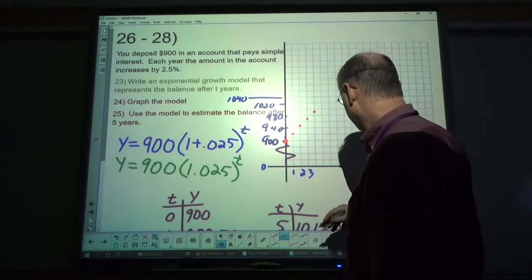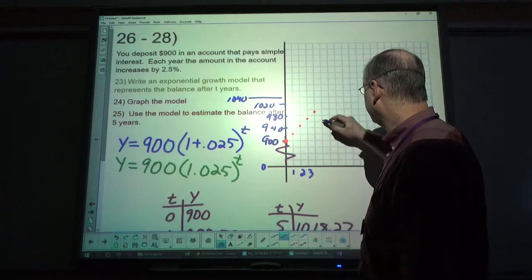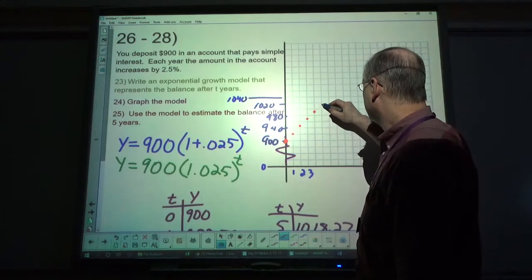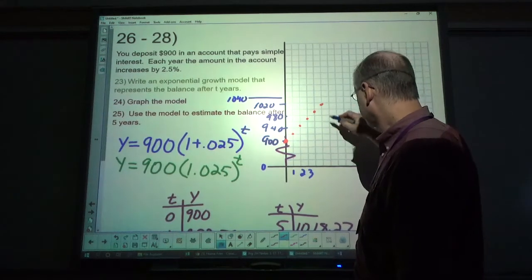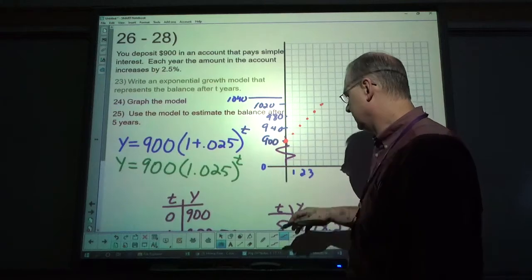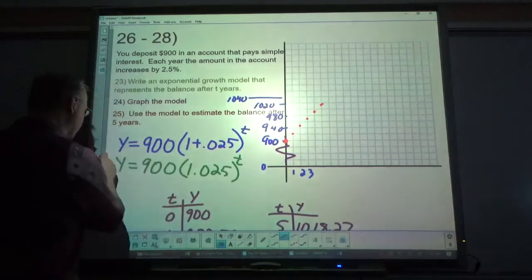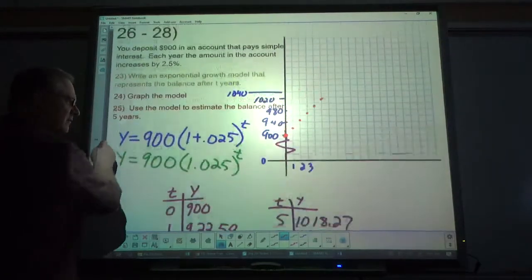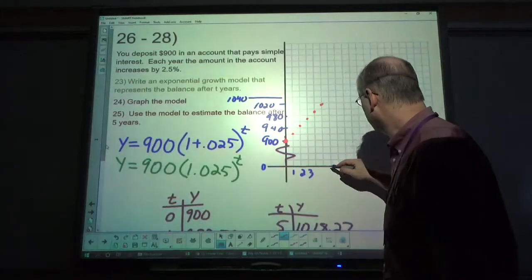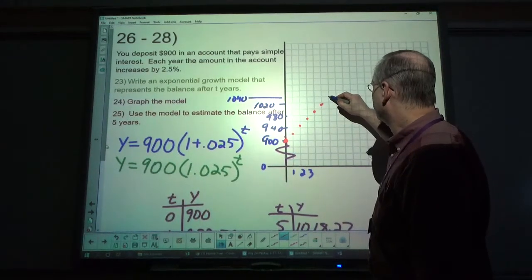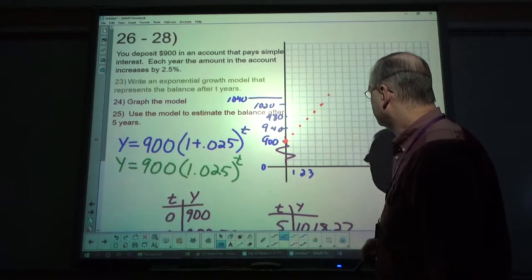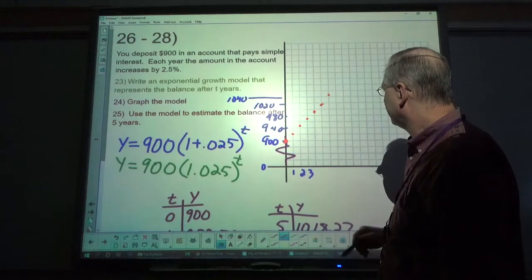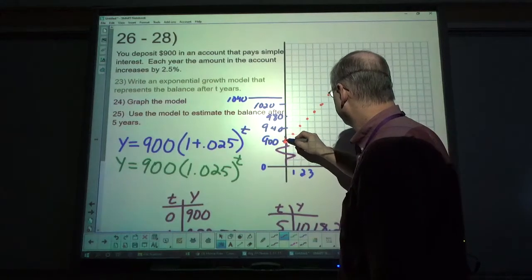And then 1,018 for 5, 1,000 almost to there, and then 1,043, almost 44, 1,043 for about there. It's not quite a straight line. It is a bit of a curve here.